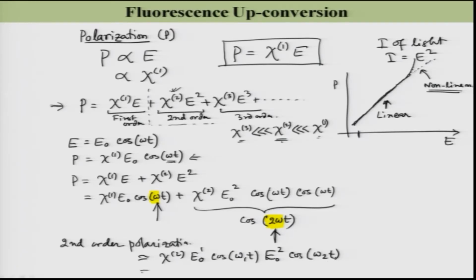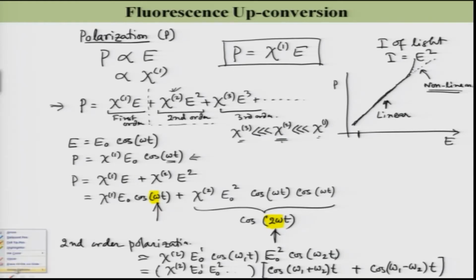These are two different colors of light, right, two different lights. That means, this is chi 2 E 0 1 E 0 2, and then all those things will be there, let me take it outside. So, basically what I am going to have is cosine omega 1 plus omega 2 t, and I will also get another term, plus cosine omega 1 minus omega 2 t, right. I will get these two terms.